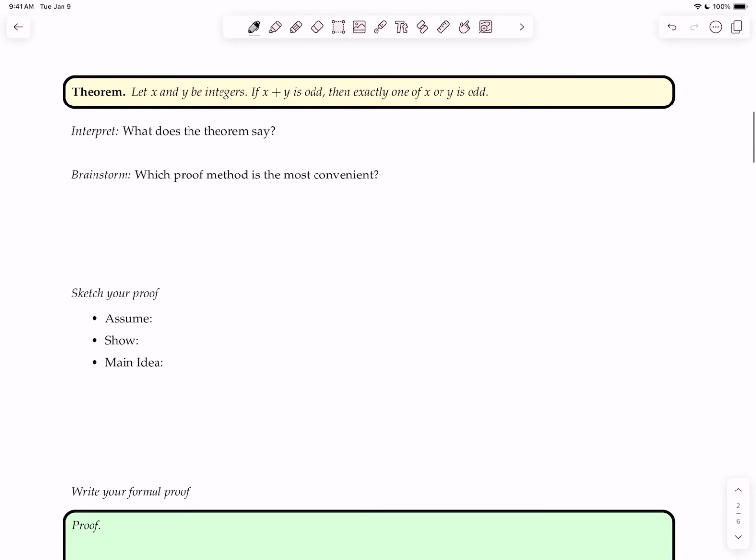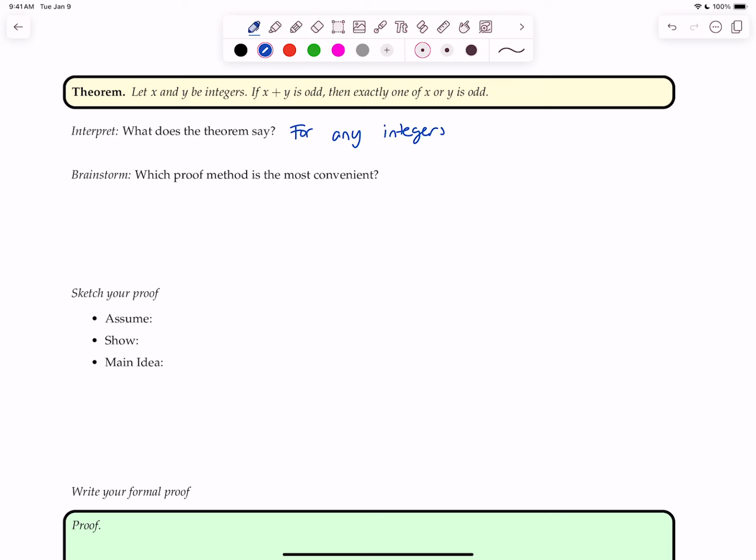So first off, let's look at this theorem right here. Let x and y be integers. If x plus y is odd, then exactly one of x or y is odd. So what is this saying? This is saying, if you take any 2 integers, x and y, and when you add them together, you know that this is odd, then one of two things is happening.